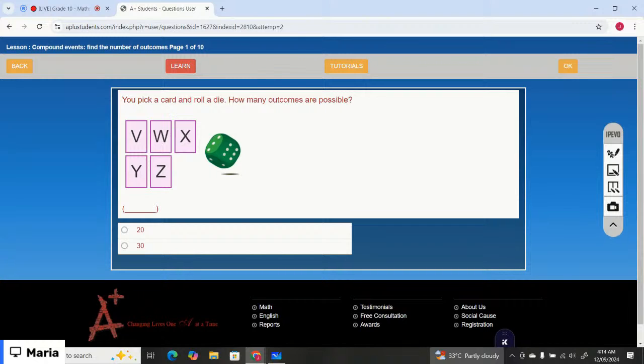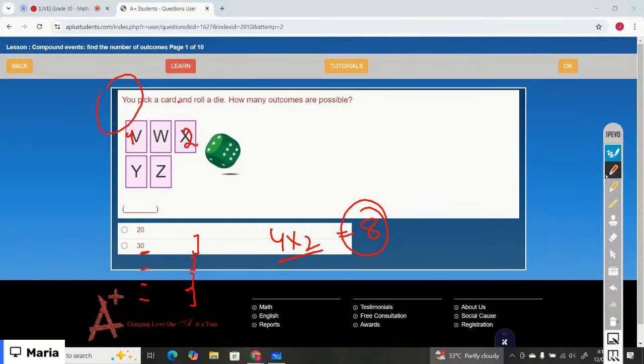You pick a card and roll a die. How many outcomes are possible? You need to calculate the total outcomes, right? So you have 5 cards. So the outcomes for the cards are 5, right?